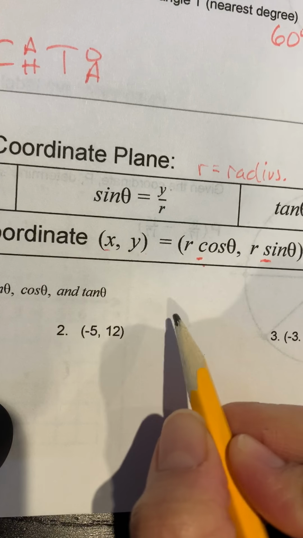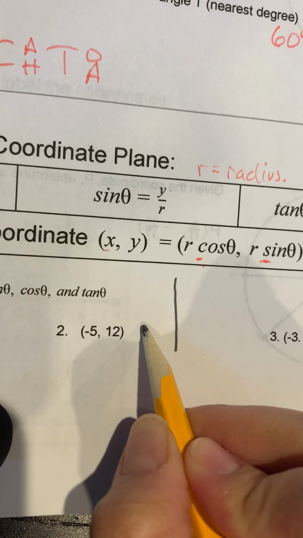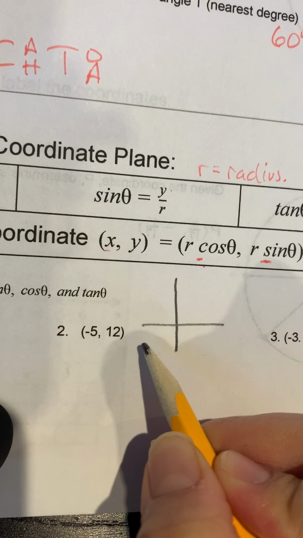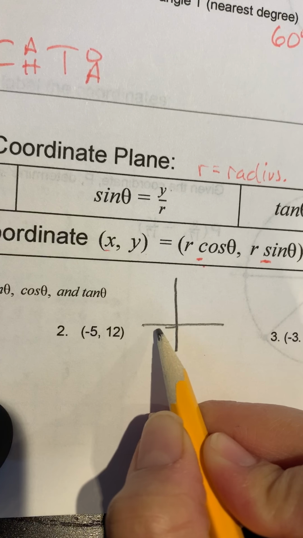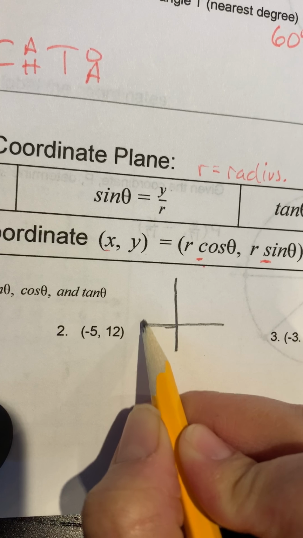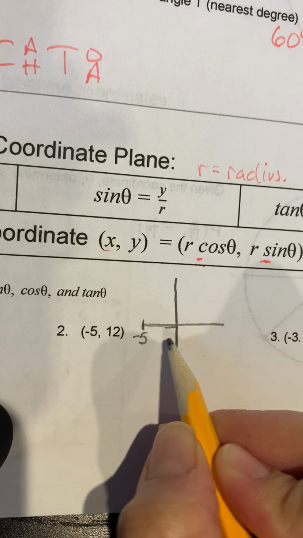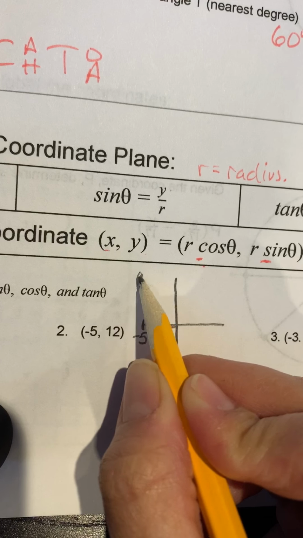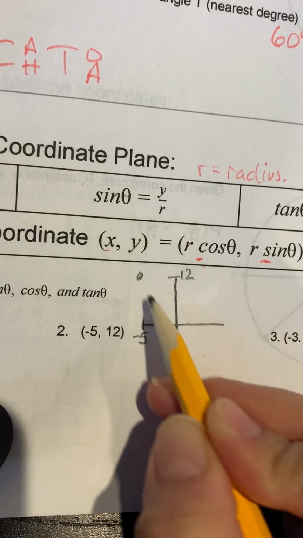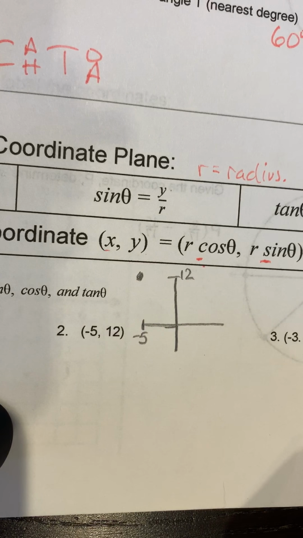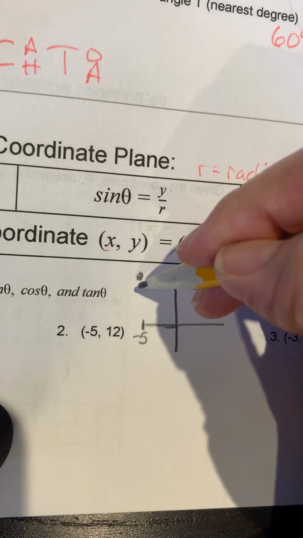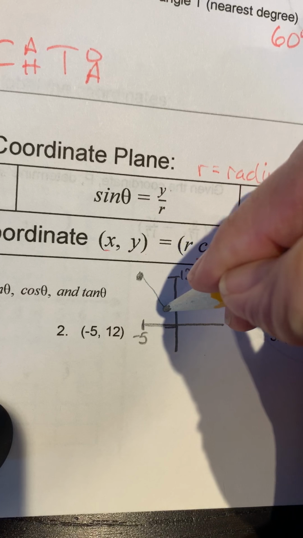Okay. I'm going to draw this. That's -5. So this is -5. And it goes up to 12. So there's my point. And since that's my point, I draw it coming down to the origin.